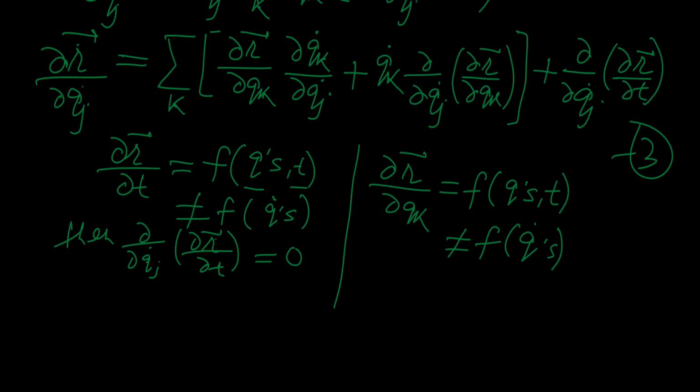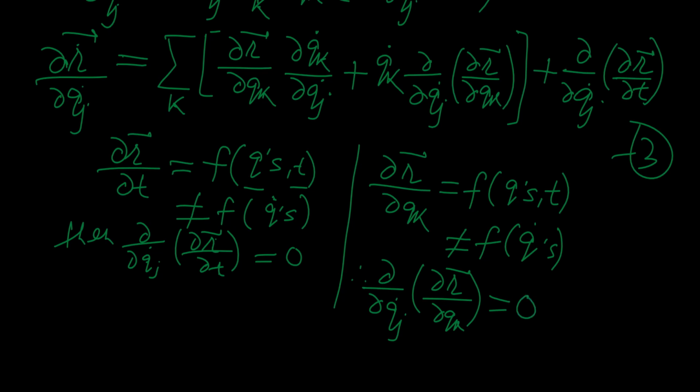It is not a function of generalized velocities. So we may say that ∂/∂q̇j of ∂r/∂qk will be what? This will also be equal to 0.